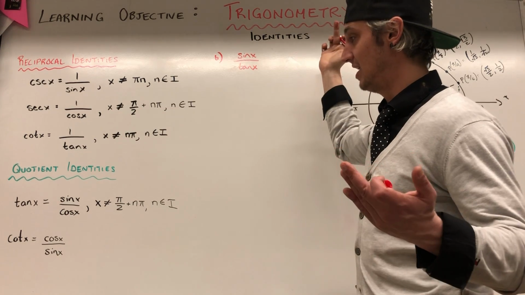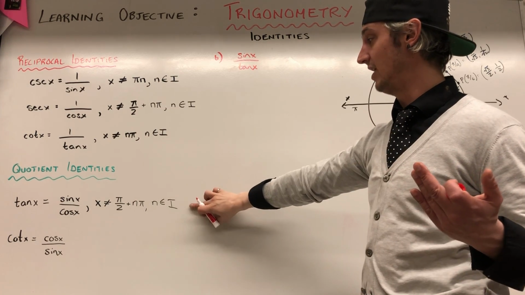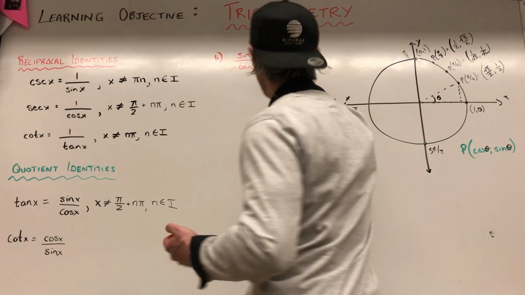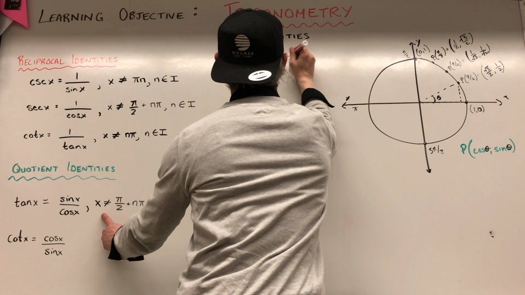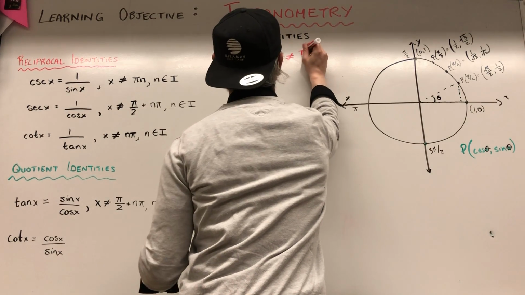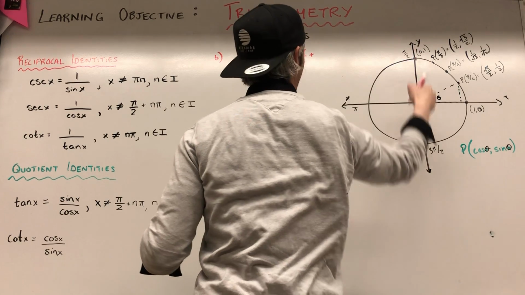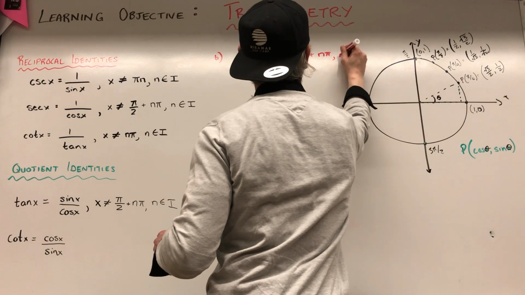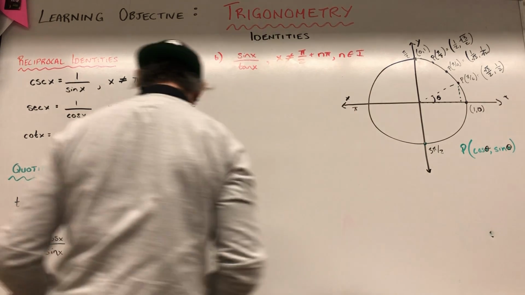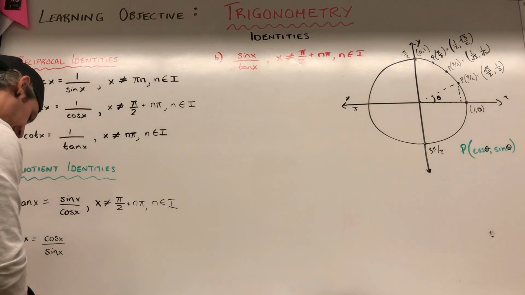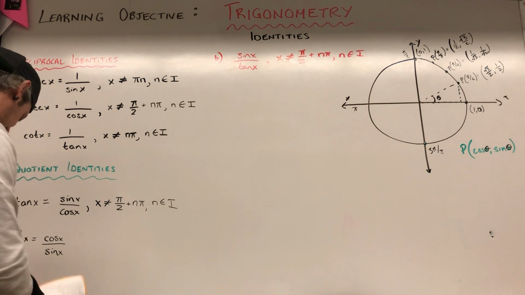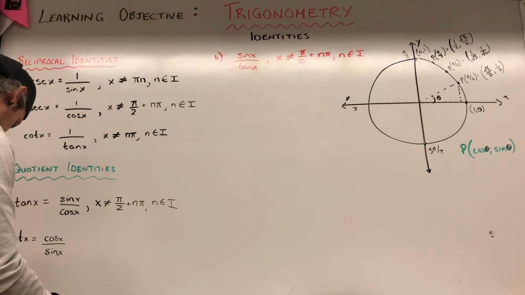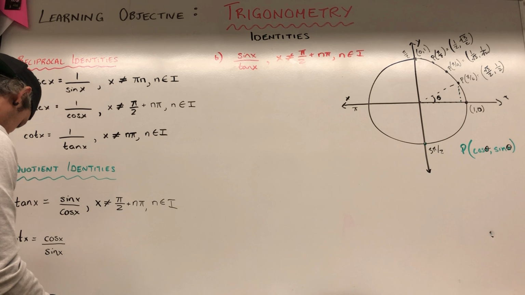So in this case, we just pull it from here. x cannot equal pi over 2 plus n pi, where n is an element of the integers. And being the insecure math teacher I am, I go back and I check the answers.